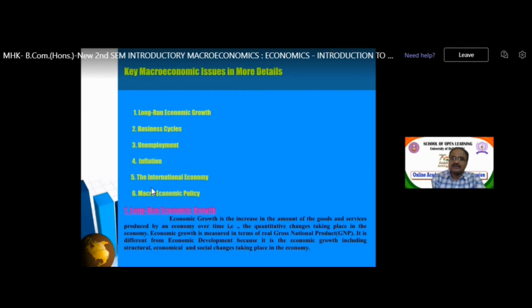And economic development is economic growth plus structural, economic and social development of the economy over a period of time.